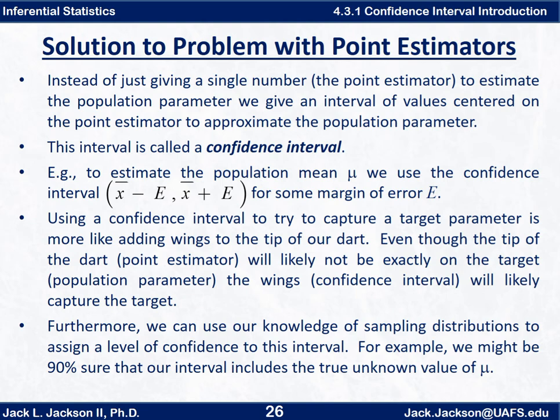We hope that will happen. Furthermore, we can use our knowledge of sampling distributions to assign a level of confidence to this interval. So we might be, for example, 90% sure that our interval includes the true unknown value of the mean mu. So we're working towards developing an interval like this.